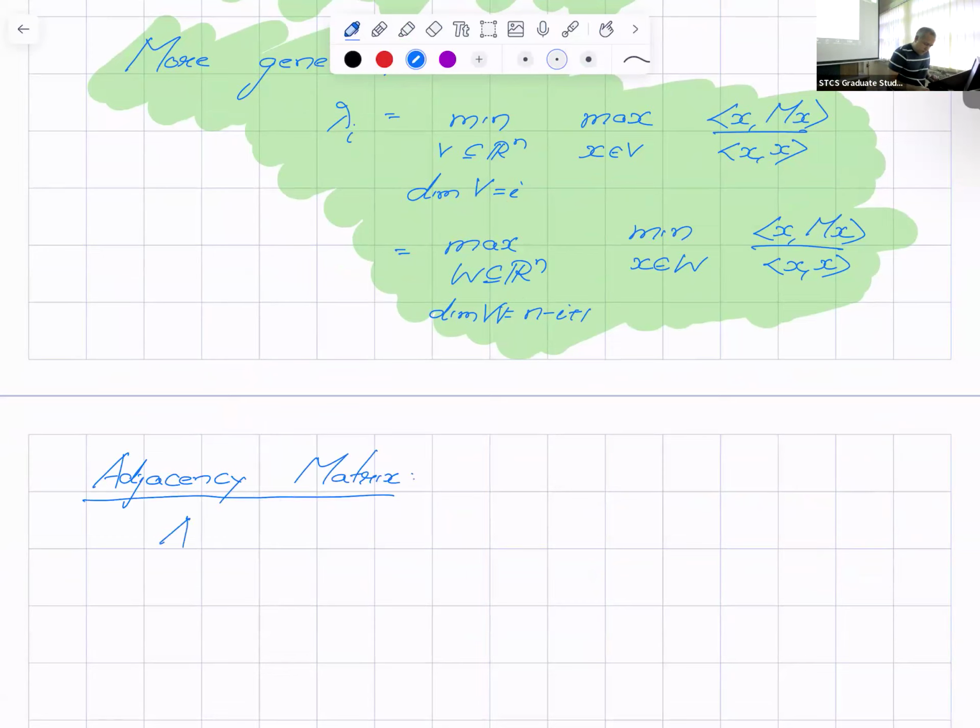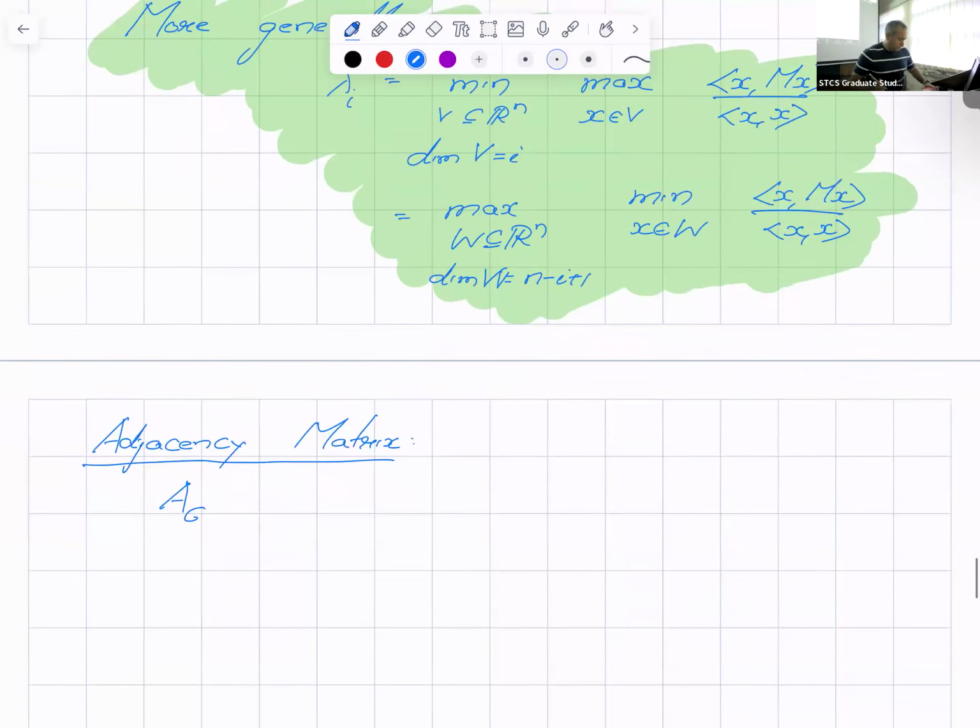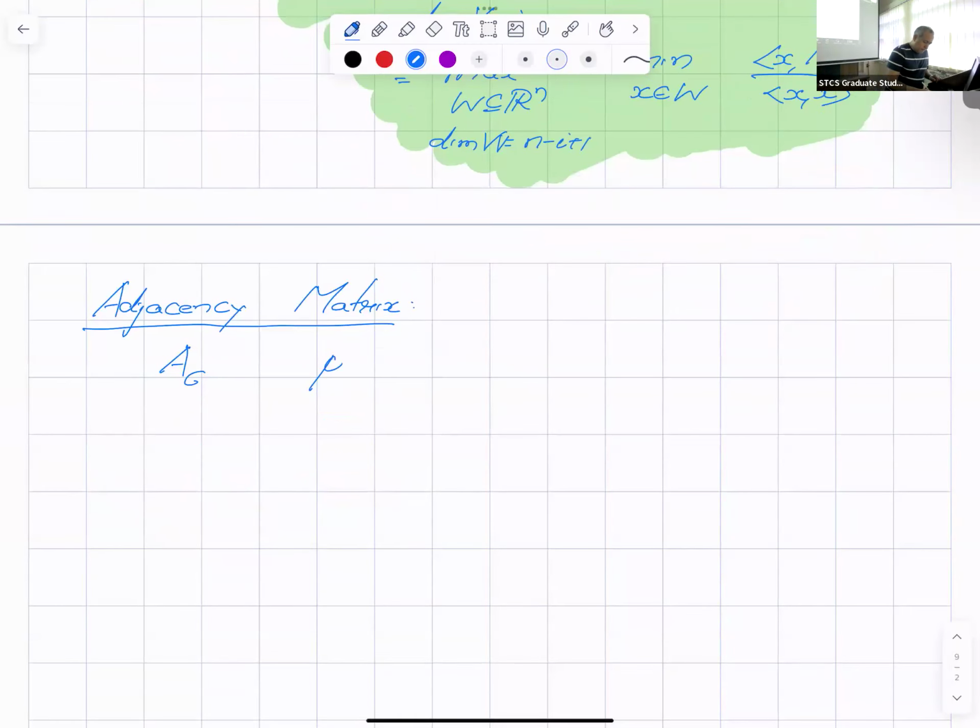So let's take A_G. Now it is symmetric, so it has an eigenbasis. Let us call the eigenvalues mu_1 to mu_n. I'm going to slightly change this one. Usually we put mu_1 to be the smallest and mu_n to be the largest. For the adjacency matrix, I'm going to flip it and reorder it.